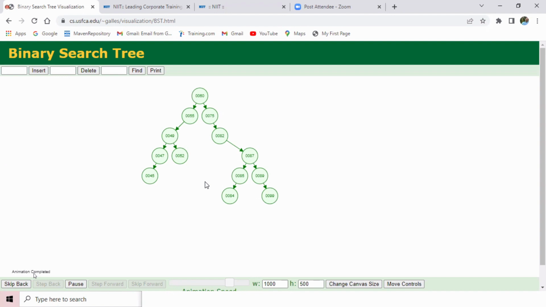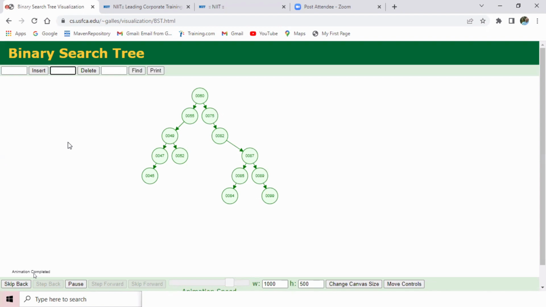If we are trying to delete 87, then we can... No, I am not asking any questions. First, I need to decide a leaf node to be deleted. You give me a value of a leaf node from this existing tree and observe the animation.